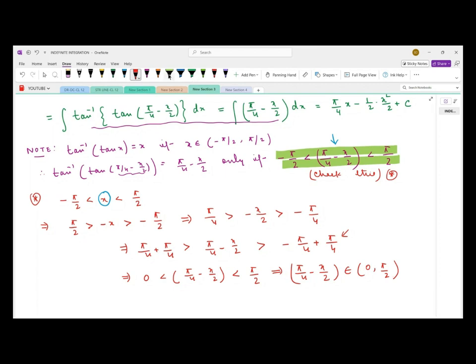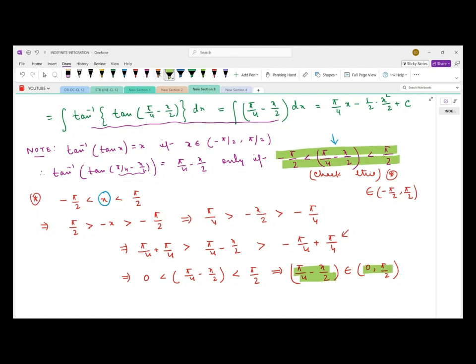We want our pi by 4 minus x by 2 to be in the interval minus pi by 2 to pi by 2. And we have shown that our expression, that is pi by 4 minus x by 2, belongs to 0 to pi by 2.